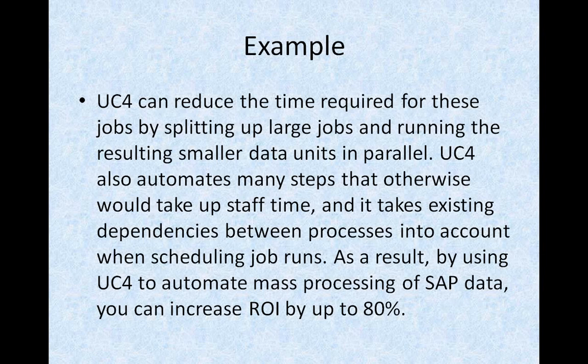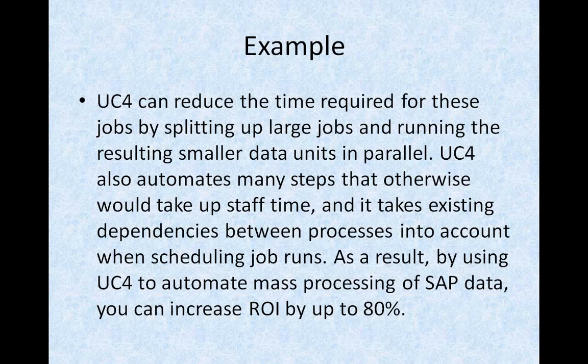When you run the batch jobs from SAP internally, what probably happens is that at a certain point in time it fails and gives you either a timeout or a message that a high amount of data cannot be calculated. In this case, UC4 can intelligently understand that these are large jobs, and it can split them and run them in parallel. This is a very, very important topic.